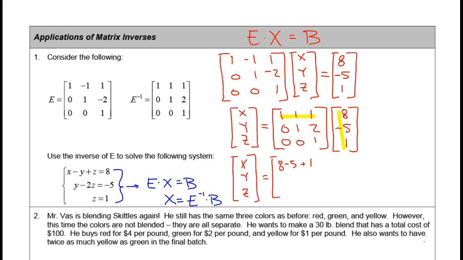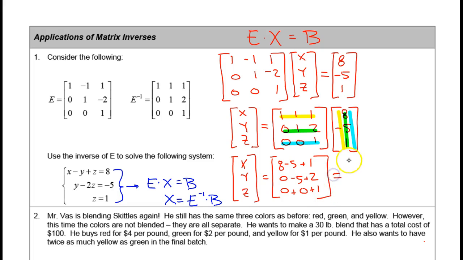Next, I'm going to do this row by this column, and that's going to give me 0 minus 5 plus 2. Last but not least, we're going to do row 3 by this column, and that will give me 0 plus 0 plus 1.